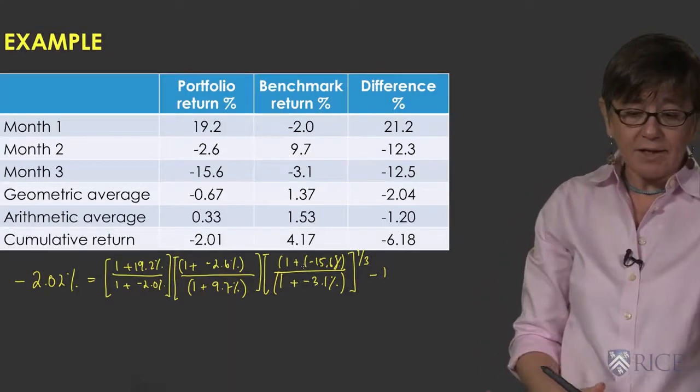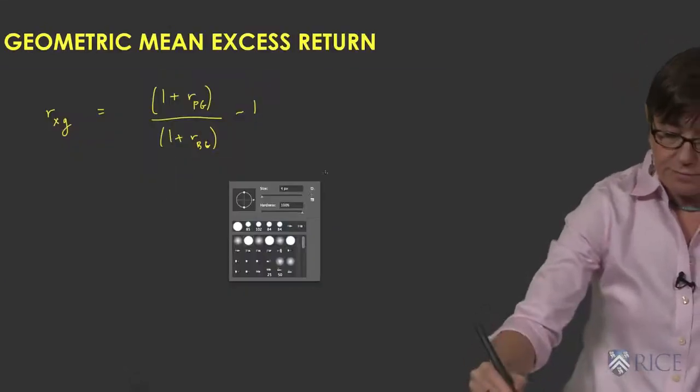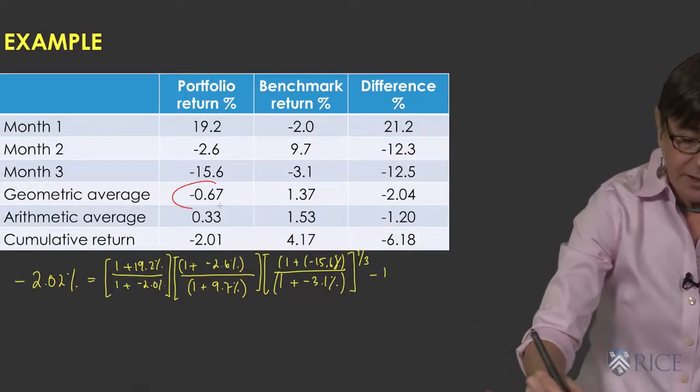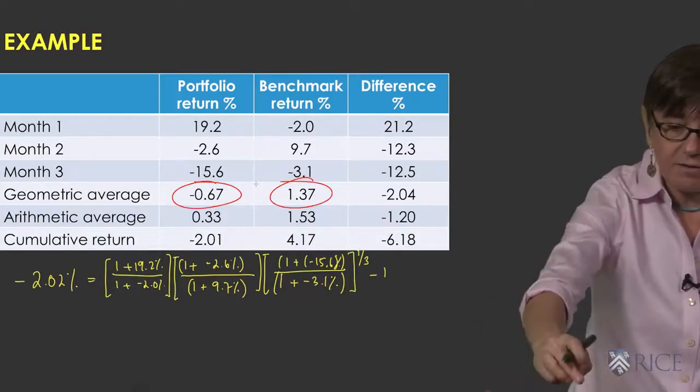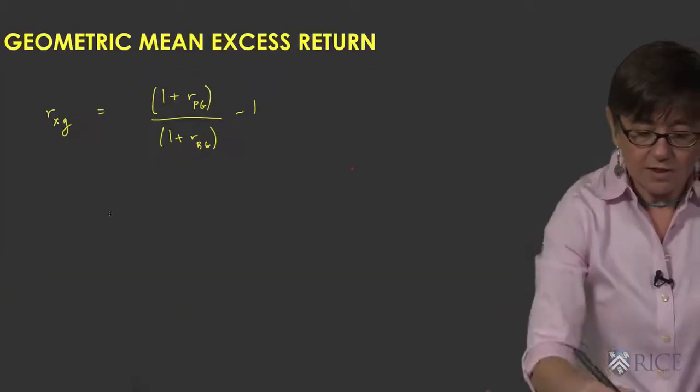So if I did that, let me go back and point out the numbers to you. What am I comparing? We're going to be comparing this and this. So what is that number?